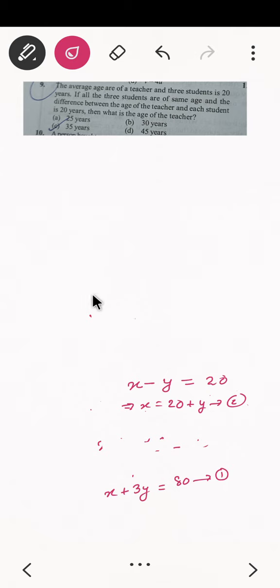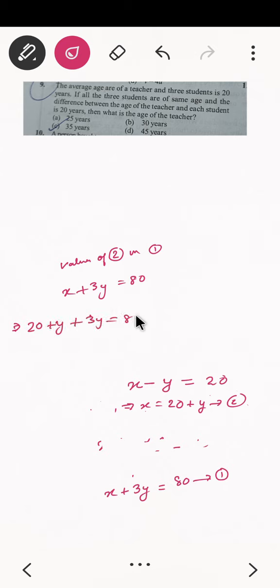Now putting the value of 2 in 1: x plus 3y is equal to 80, and we already know x is 20 plus y, so substituting, 20 plus y plus 3y is equal to 80.